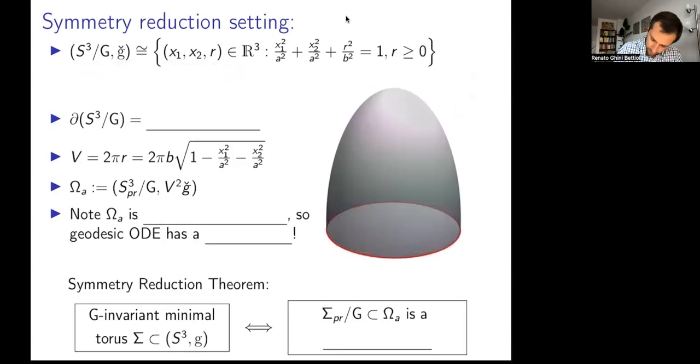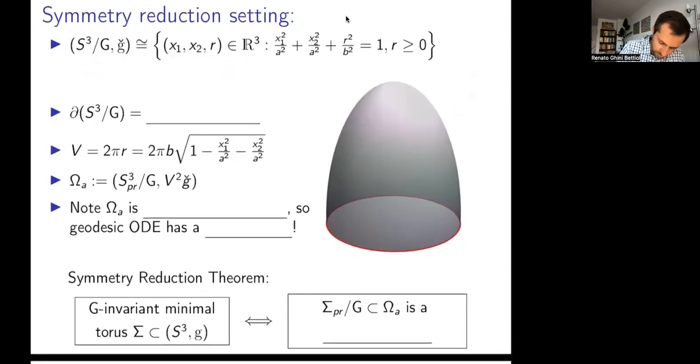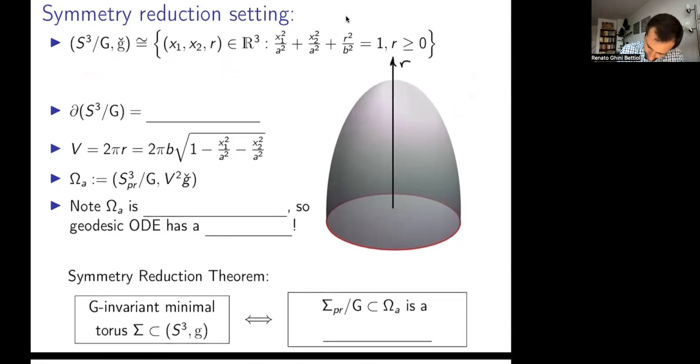So you can think of this height function here as being R. And here we have, of course, the other 2 axes, X1, X2. So the boundary is the set where R is equal to 0.